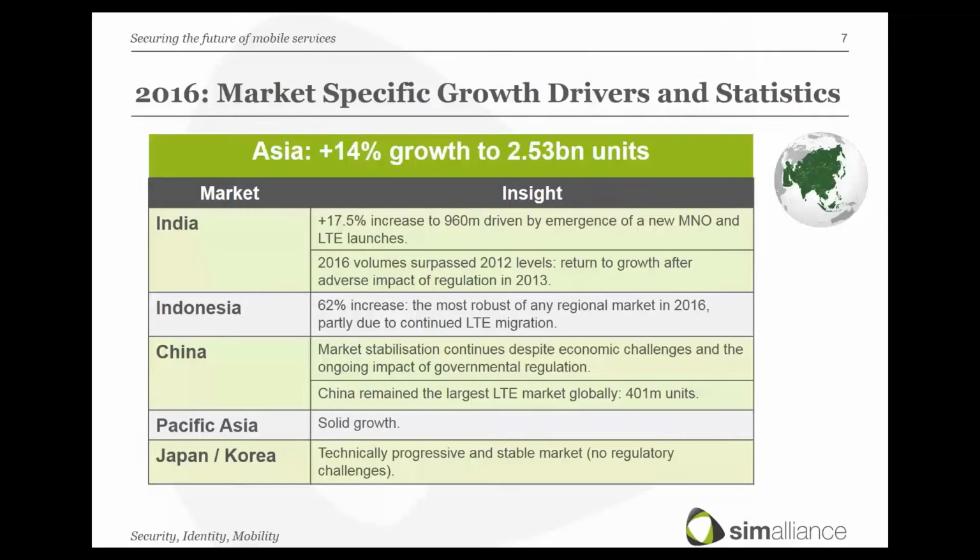selling was massively impacted. I think we lost roughly 30 to 50% partly, depending on the region in India. But now we are more or less back to where we have been, and even better than 2012, which is an extremely positive signal. Indonesia, also an incredible 62% increase, which is excellent.